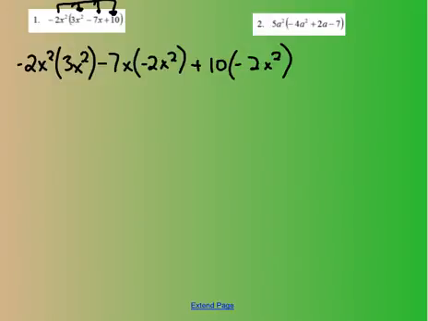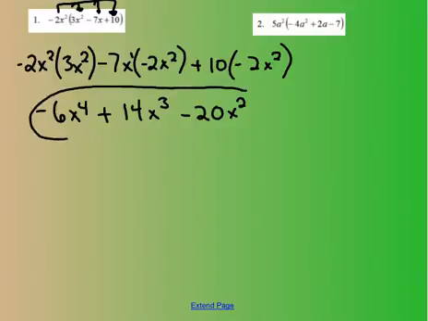You're multiplying all three of them by negative 2x squared. So let's redo this. Negative 6x to the 4th. A negative and a negative, one of them has to become positive: 14, and then we have x to the 1, that's going to be cubed, minus 20x squared. That's your answer for 1.